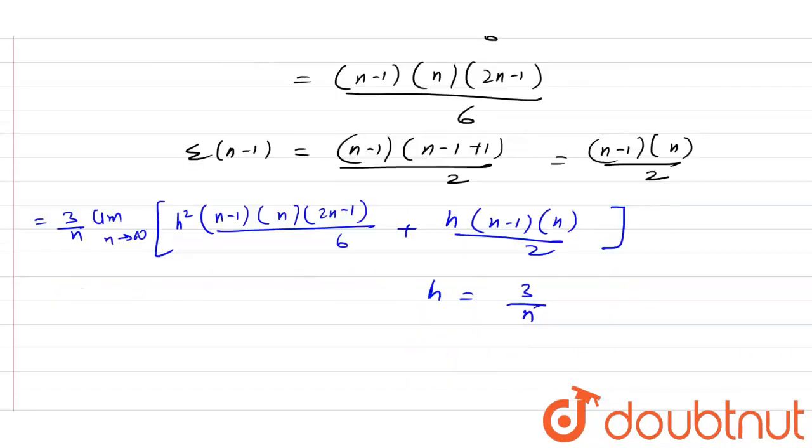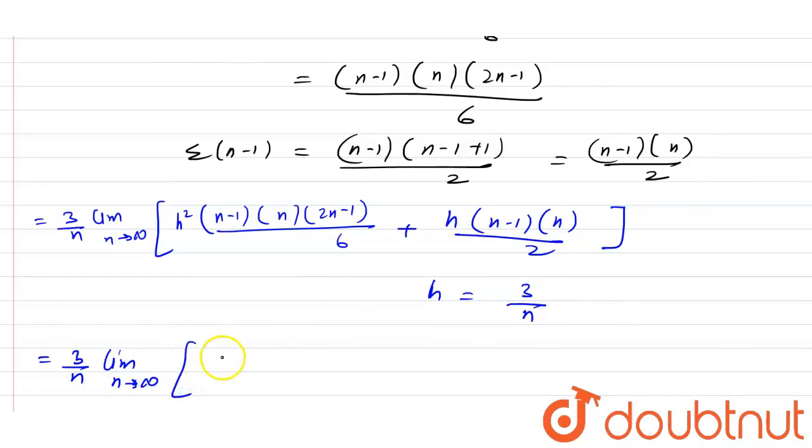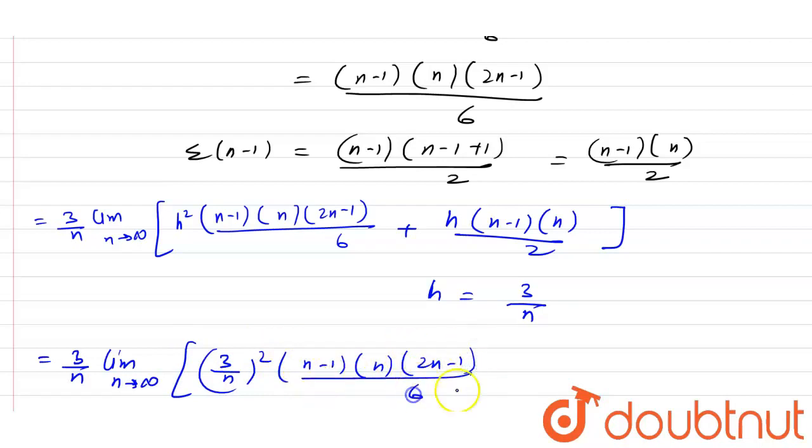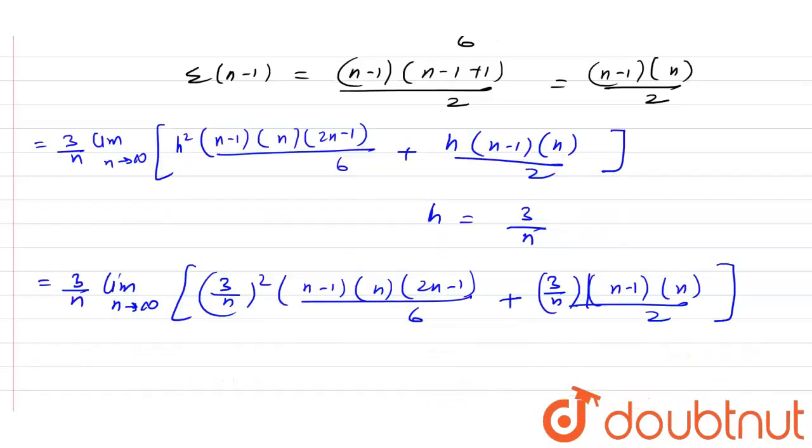So we put the value of h here, so this is equal to 3 divided by n, limit n tends to infinity, bracket of h square, so this becomes 3 by n square into n minus 1 into n into 2n minus 1 divided by 6, plus h, so 3 by n into n minus 1 into n divided by 2, bracket closed.